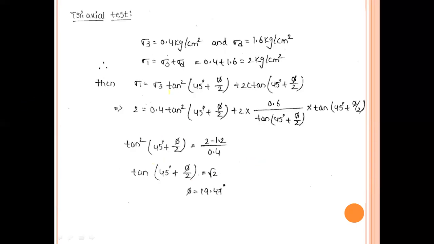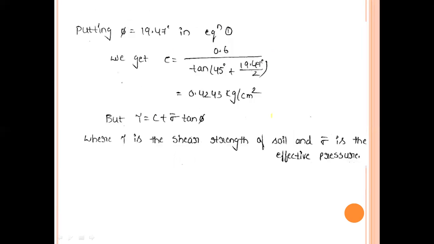In the triaxial test, sigma 3 equals 0.4 kg per centimeter square and sigma d is 1.6 kg per centimeter square, and sigma 1 equals sigma 3 plus sigma d, adding the additional stress: 0.4 plus 1.6 equals 2 kg per centimeter square. Then sigma 1 equals sigma 3 into tan square of 45 degrees plus phi by 2, plus 2c into tan of 45 degrees plus phi by 2.